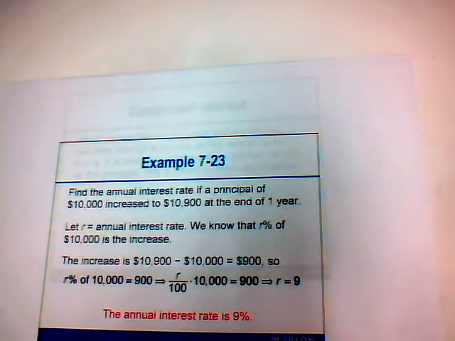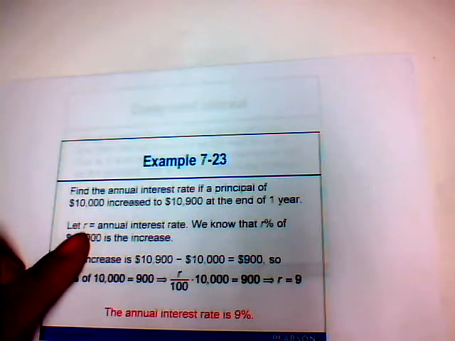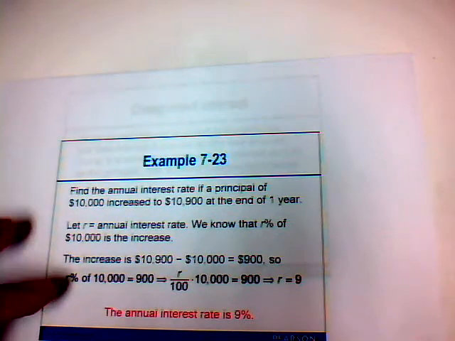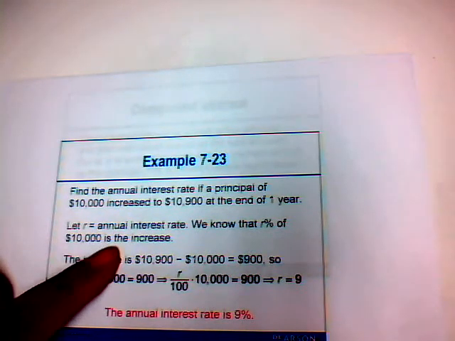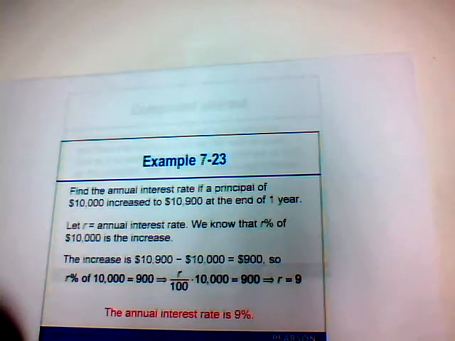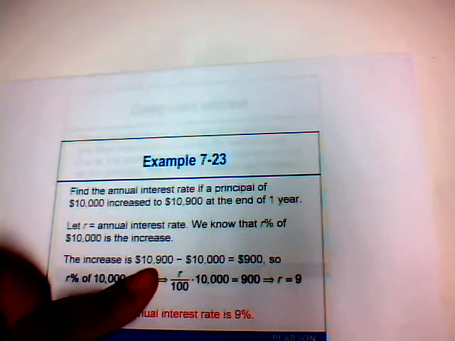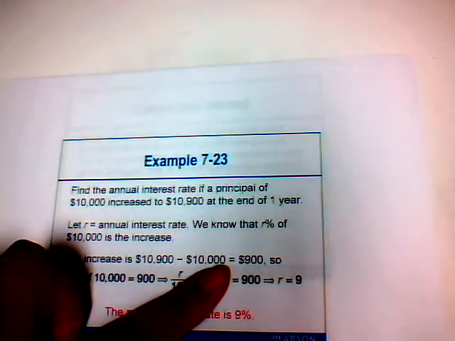Okay, find the annual interest rate if a principal of $10,000 increased to $10,900 at the end of 1 year. So R is going to be the annual interest rate. So we know that R percent of $10,000 is going to be that increase. The increase is going to be the $10,900 minus $10,000, which is $900.